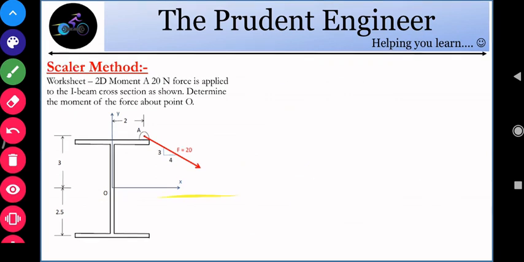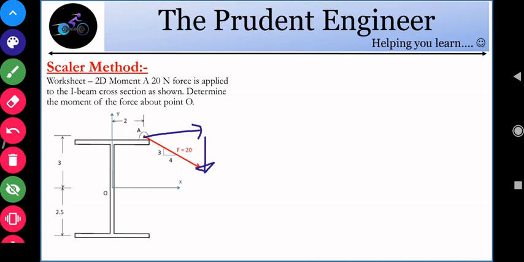Now we have a separate scalar method to find the moment also. If you want, you can take this OA and multiply by the force value to get the moment. But since this OA is geometrically difficult to find, we'll take the components of this force. I already told you how to find the components of the force: horizontal component and vertical component.